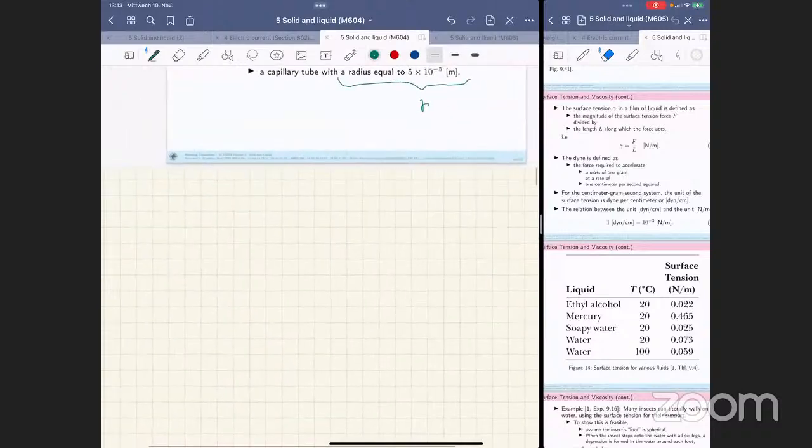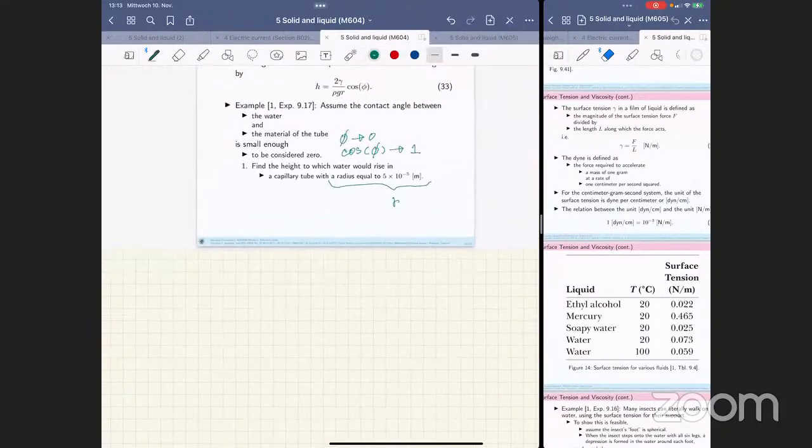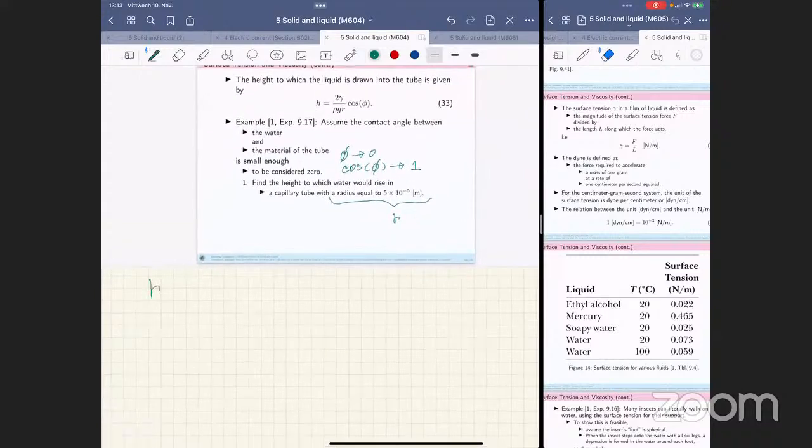We're going to use the formula right there. h equals... before we go ahead with that, we should express everything. Phi equals 0, and gamma is what we can see here, water at room temperature, 0.0073 Newton per meter, right?